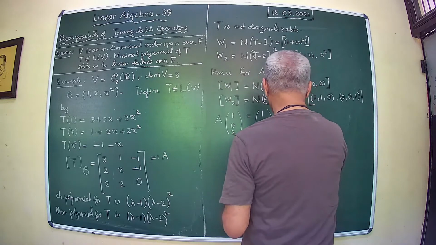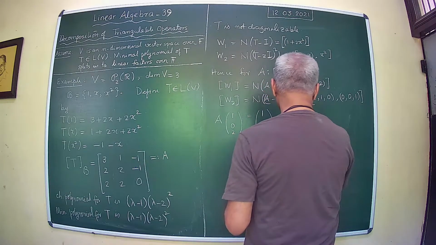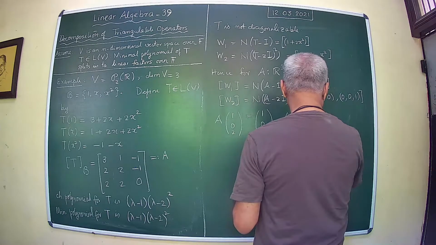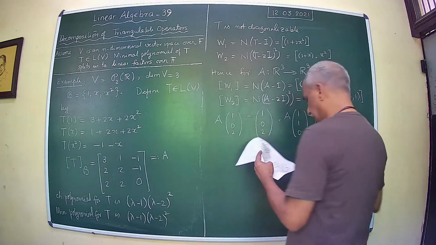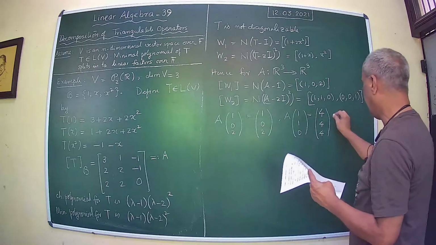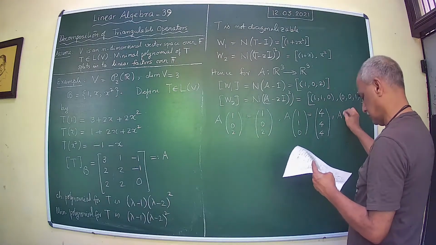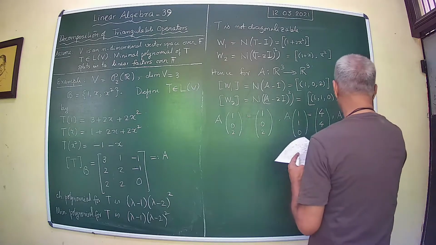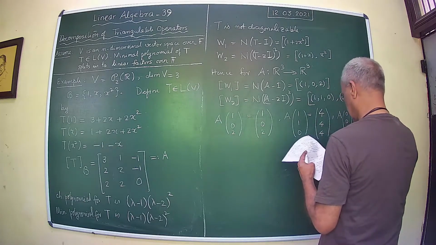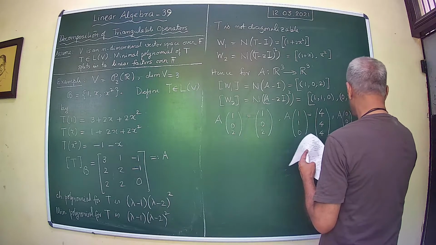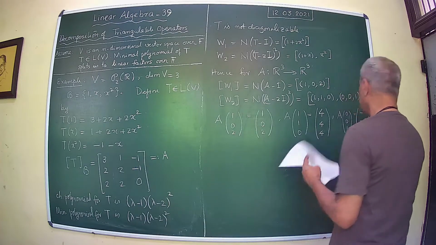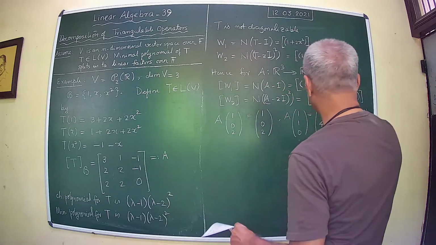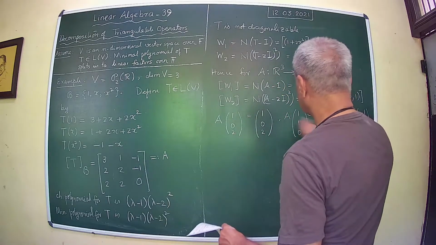Now A of 1 1 0 turns out to be, this you can calculate, and A of the other is zero. So this corresponds to the basis we have chosen.